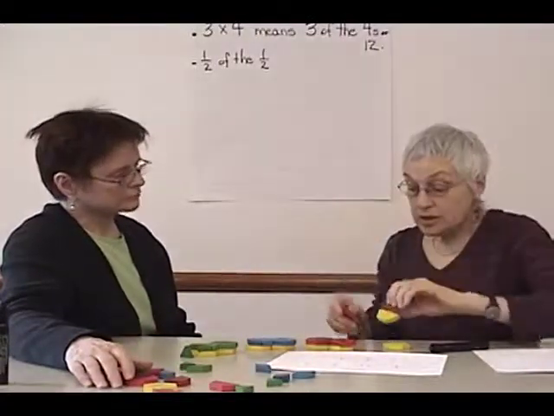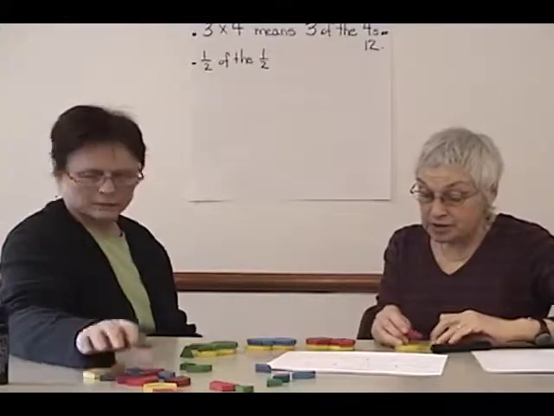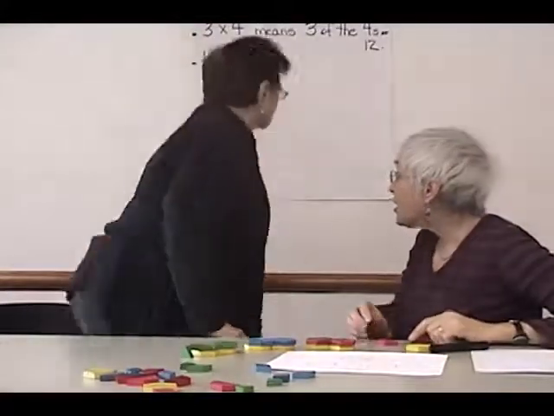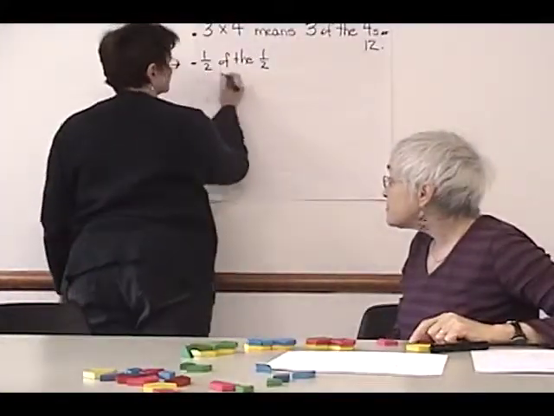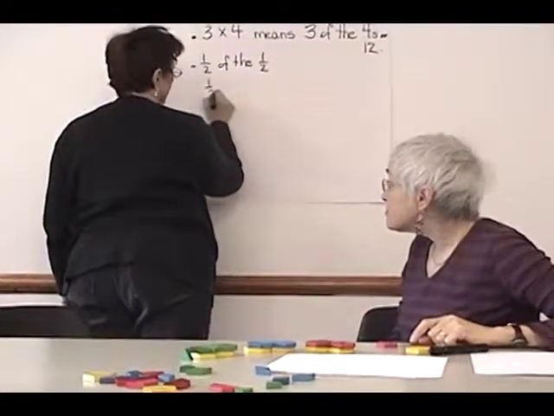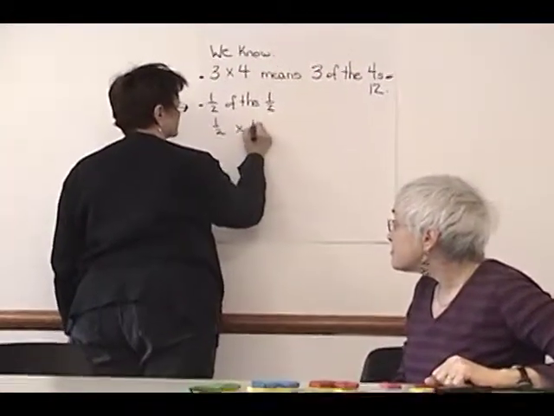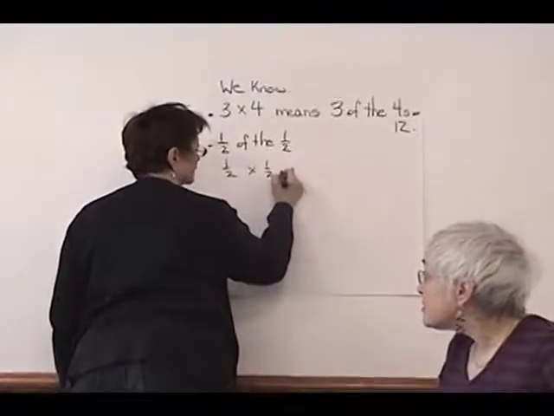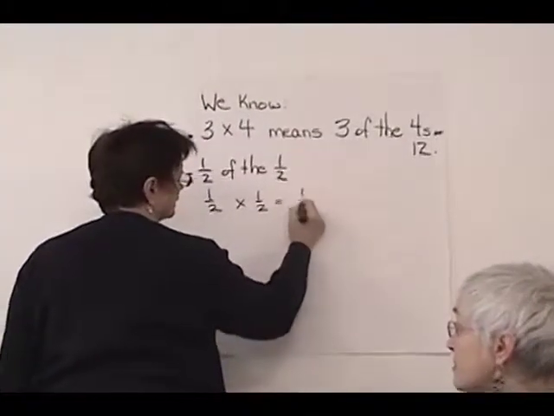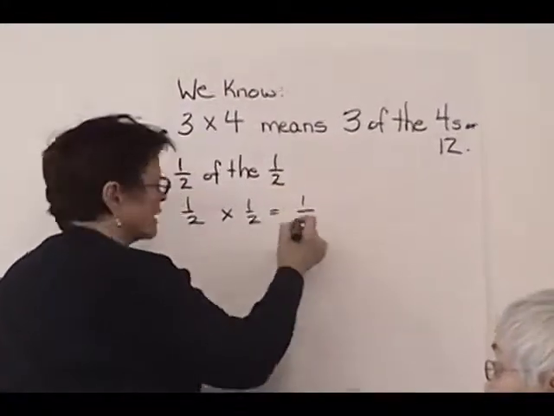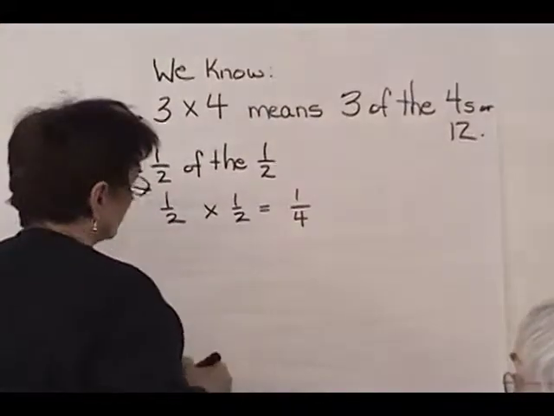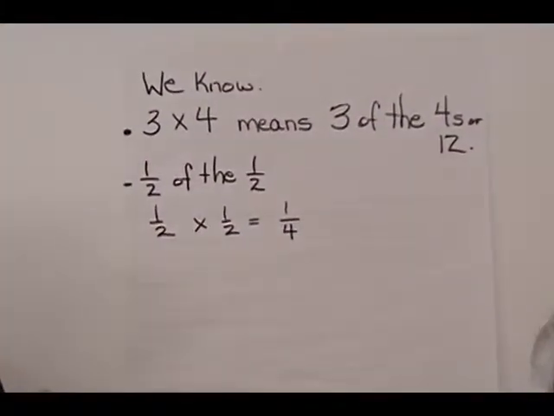So now let's write it like multiplication. 1/2 times 1/2 equals 1 out of the 4 reds. So 1/4. Okay, so we have that.